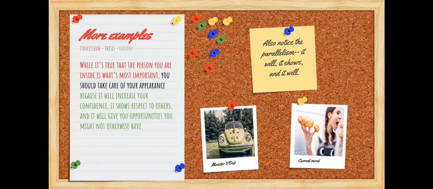You should take care of your appearance, and then ends with the reasons. I'd like you to notice that in the reasons, the author has used parallelism. Parallelism is when you make all the verbs sound similar or in the same tense. And this author has done that. They say, it will, blah, blah, blah, it shows, blah, blah, blah, and it will, blah, blah, blah.